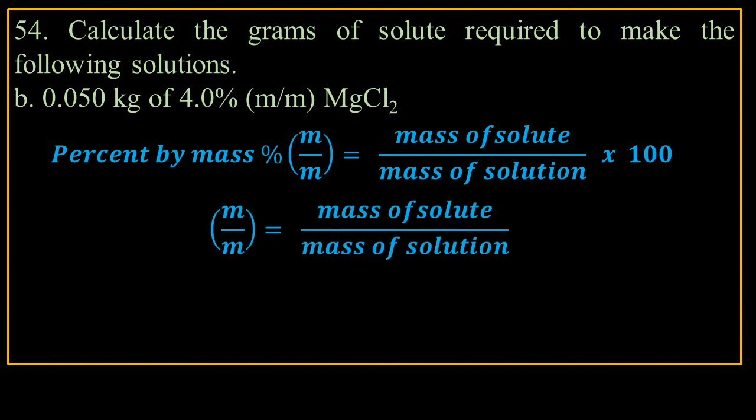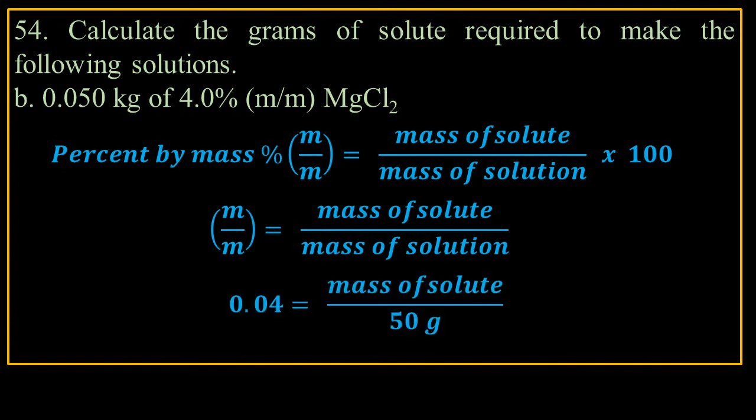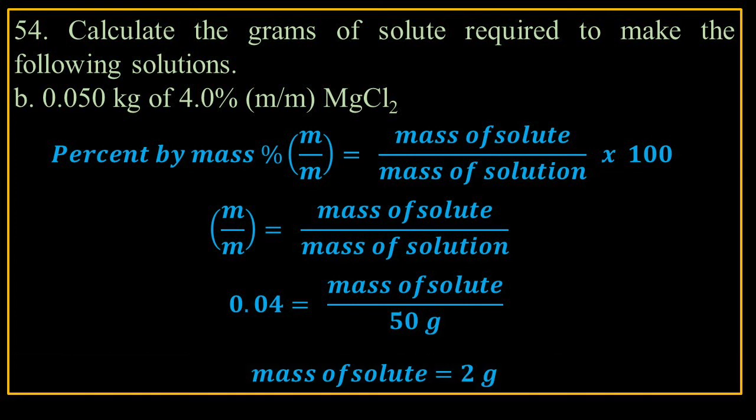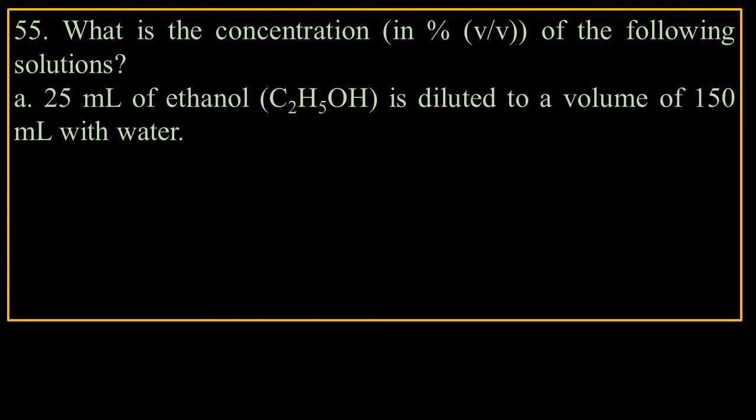Whatever that is, it would be a very small amount of magnesium chloride. So it would be 50 grams or 0.05 kilograms, times 0.04, and it would be 2 grams of magnesium chloride.